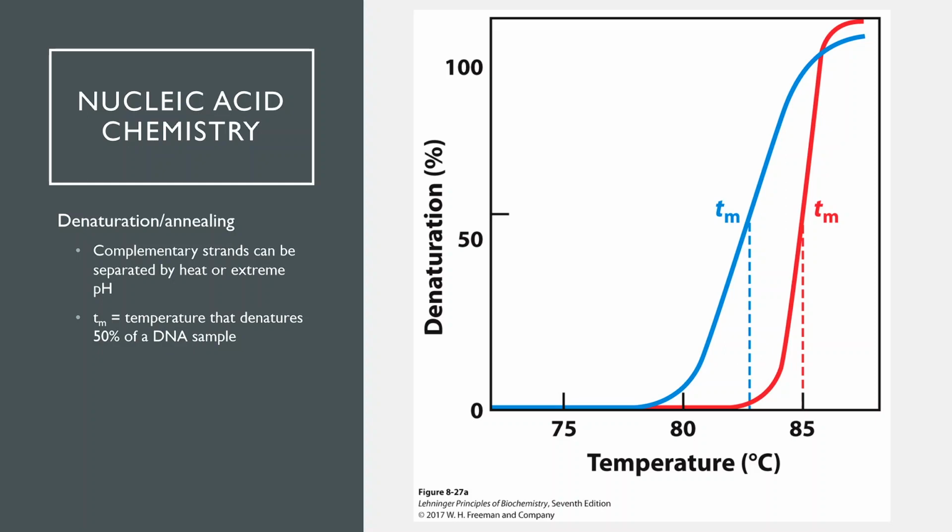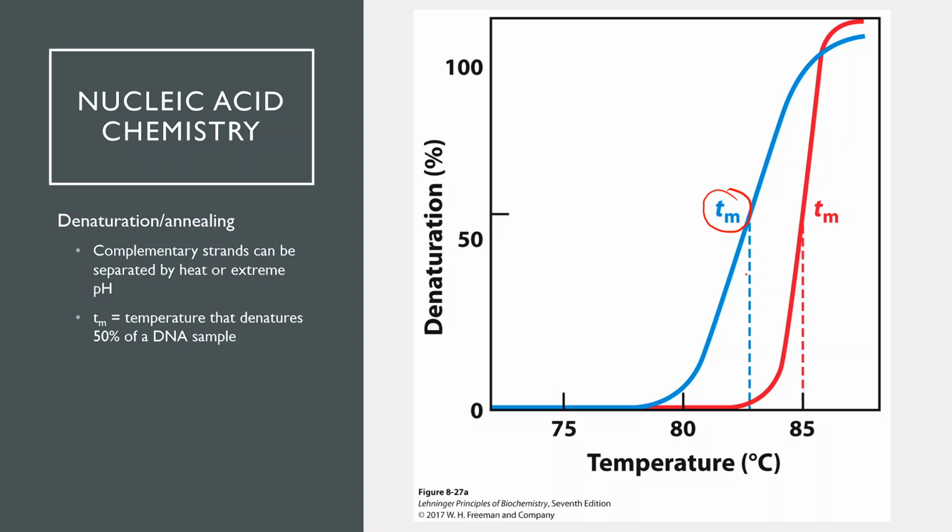So the temperature at which a given strand is about 50% denatured, we call the melting temperature or TM. So the TM of any DNA strand is the temperature at which it becomes 50% denatured. And you can usually measure the denaturation of DNA using spectroscopy.